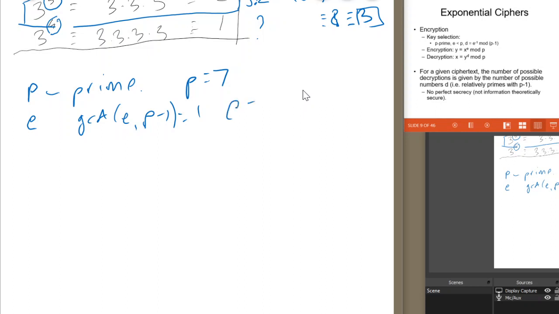Let e in our case be equal to 5. 5 is relatively prime to 6. There are not many other numbers that are relatively prime to 6.